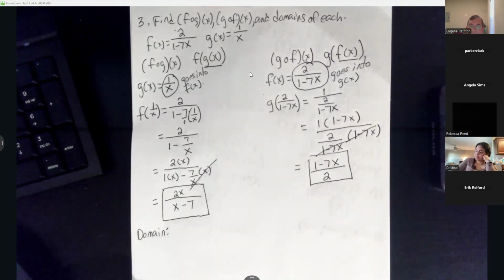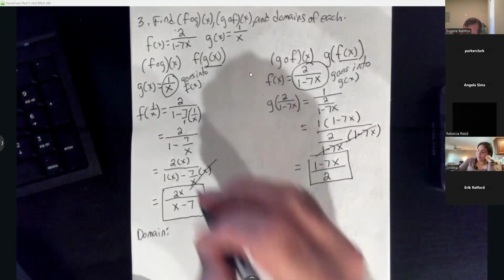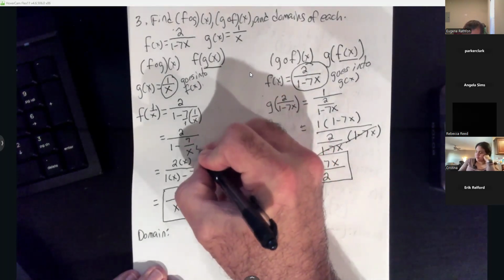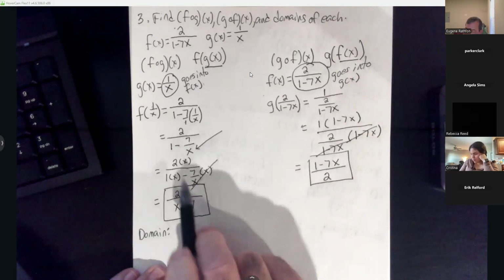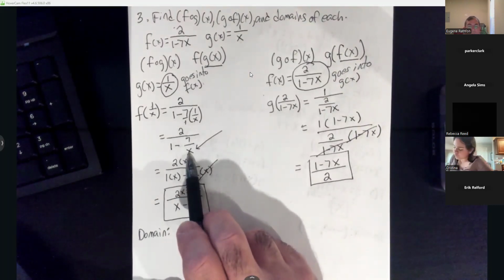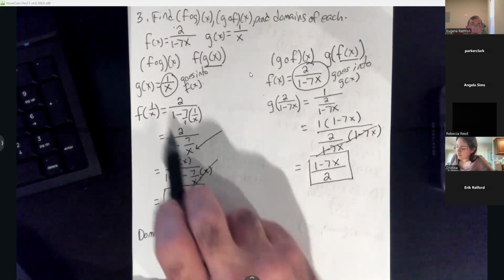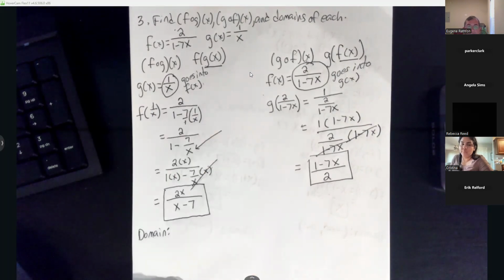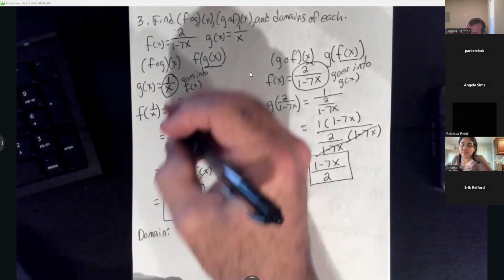All right, y'all, but watch these domains right here. What can this x not equal? And it's the same thing right here. What can that x not equal for that 1 over x? A negative number?